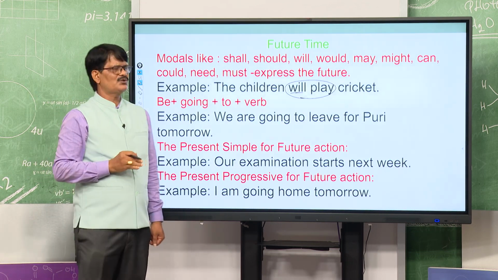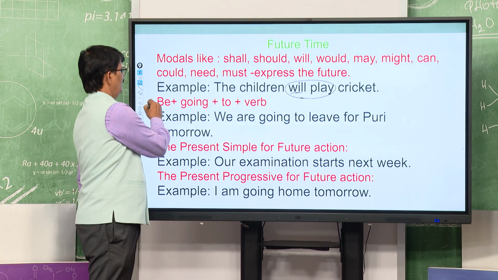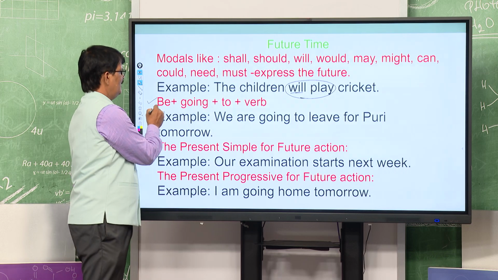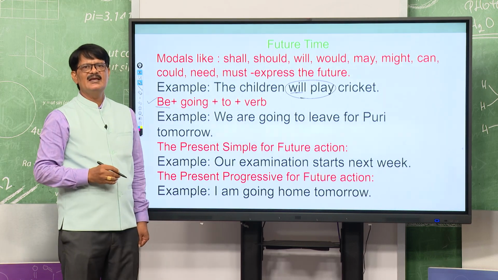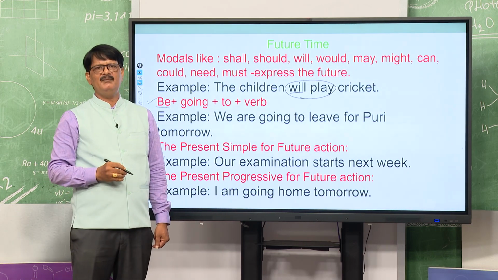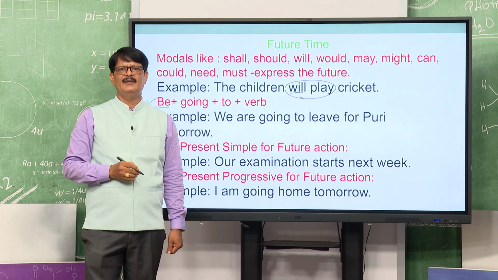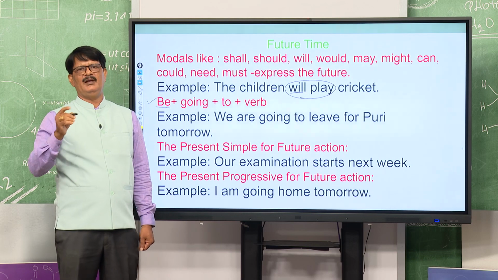Next one is be going to plus verb. Be means is, am, are. After that we use going, then to, and then the main verb.